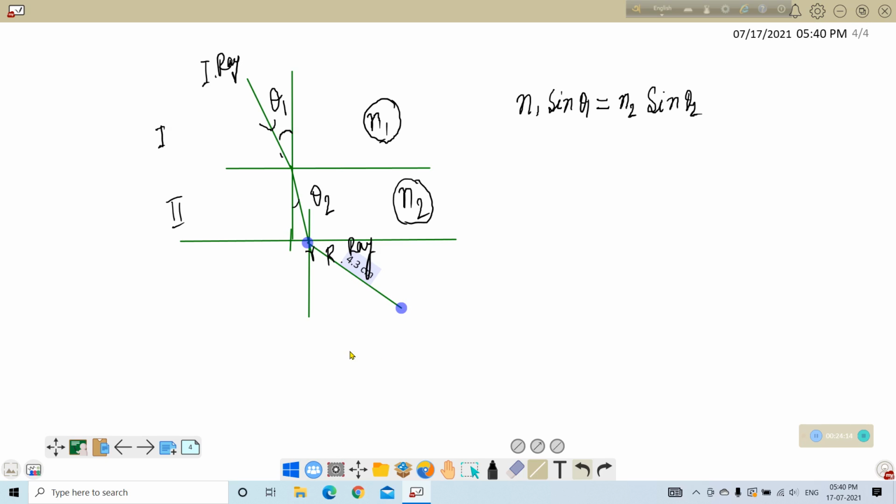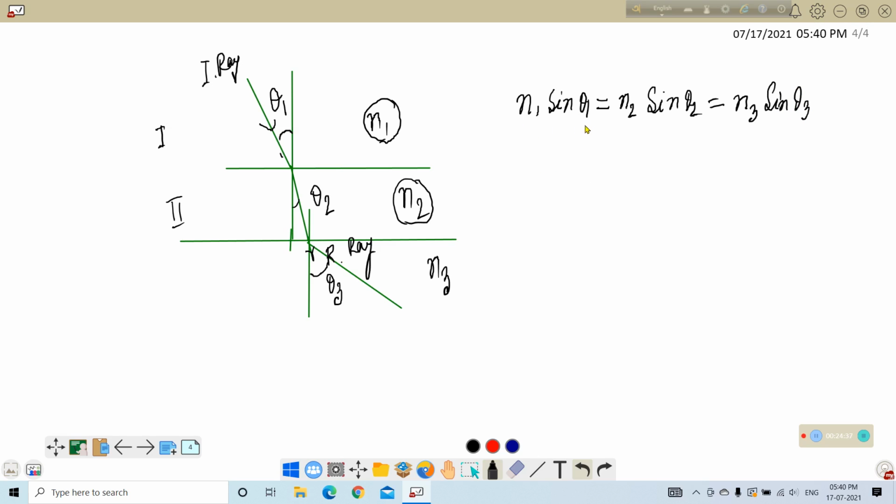Then the Ri of this third medium is equal to N3, and suppose this angle is theta 3. Then it will be N3 sin theta 3.